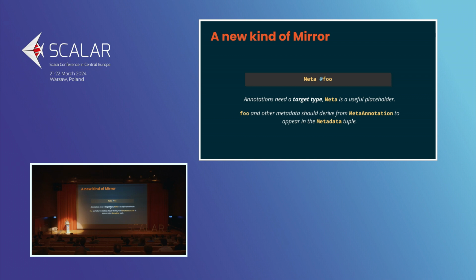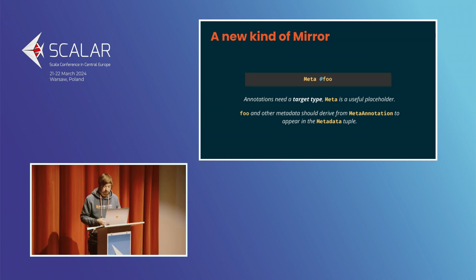It's basically because annotations are not types. So in order to put them inside a tuple type, you need to annotate something. So I just chose this name meta because it's just a target for you to add annotations to. But the point is that through the library that I'm going to show you, this all works automatically. You just declare a dependency on this ops mirror, and you get this stuff for free.